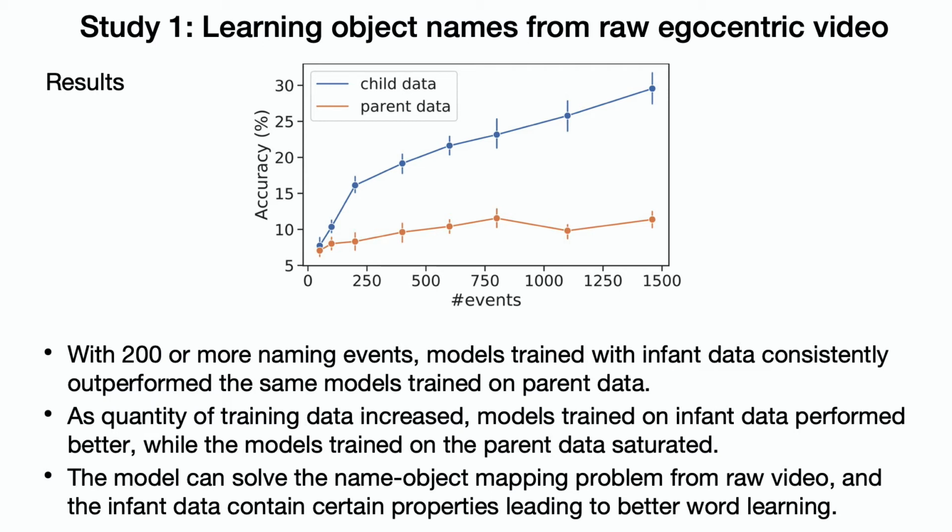As the quantity of training data increased, the model trained on infant data performed better and better, while the model trained on parent data got saturated. These results suggest that the model can solve the name-object mapping from raw video directly recorded from the egocentric view, and also that infant data contains certain properties leading to better word learning compared to the parent data.